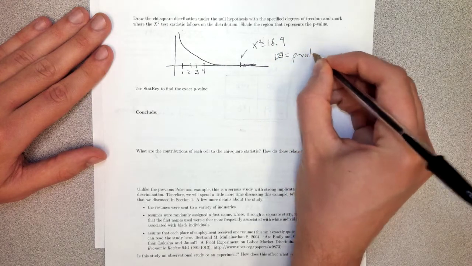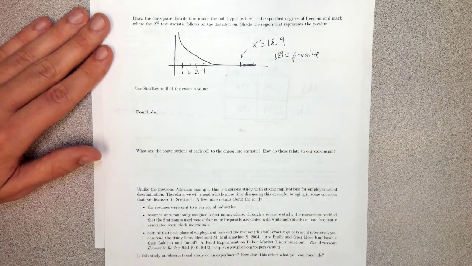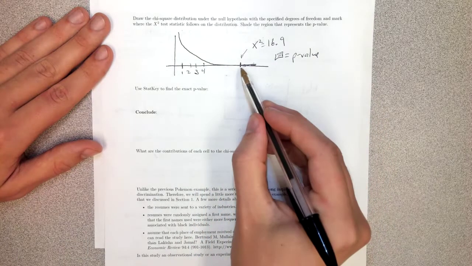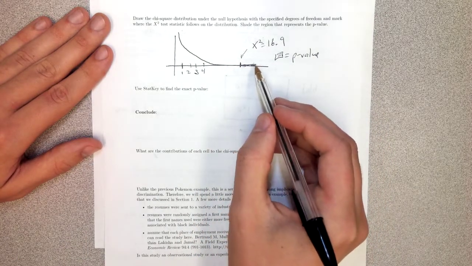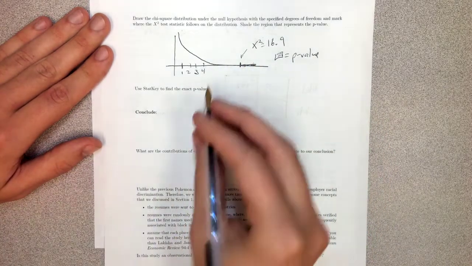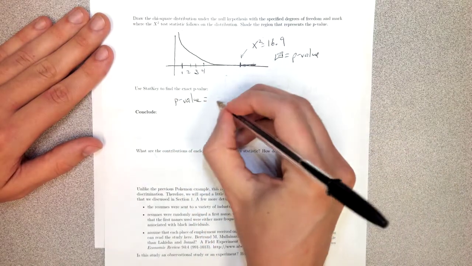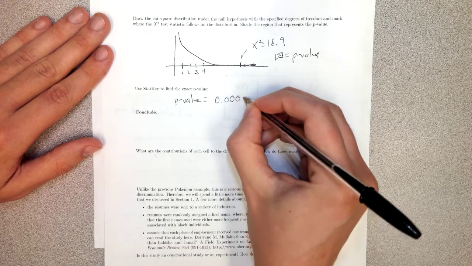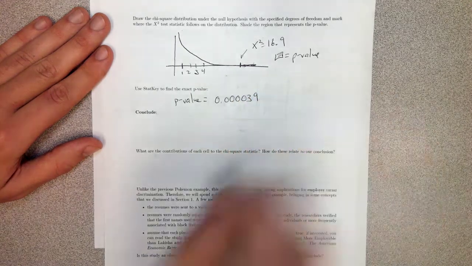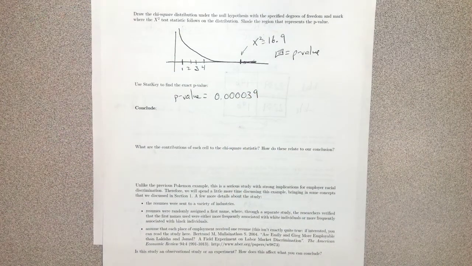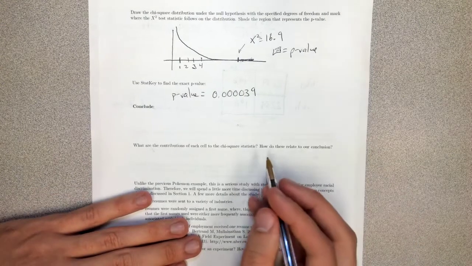The area that's shaded is our p-value. As you can see, it's barely any area, and so when you plug this into StatKey, you would expect a really small p-value, which is what you get. The p-value for this problem is 0.00039.